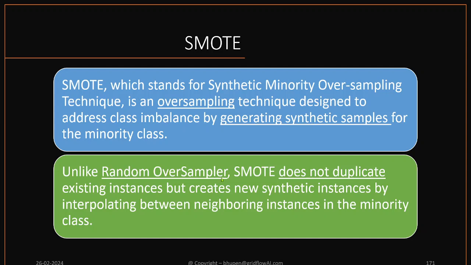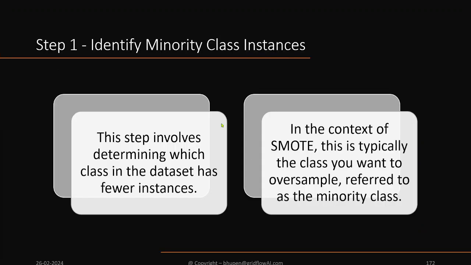Unlike random oversampler, SMOTE does not duplicate or replicate existing samples, but creates something new. And it is very interesting to see how it generates something new. We will look at that through a dummy example of how it generates a new sample.